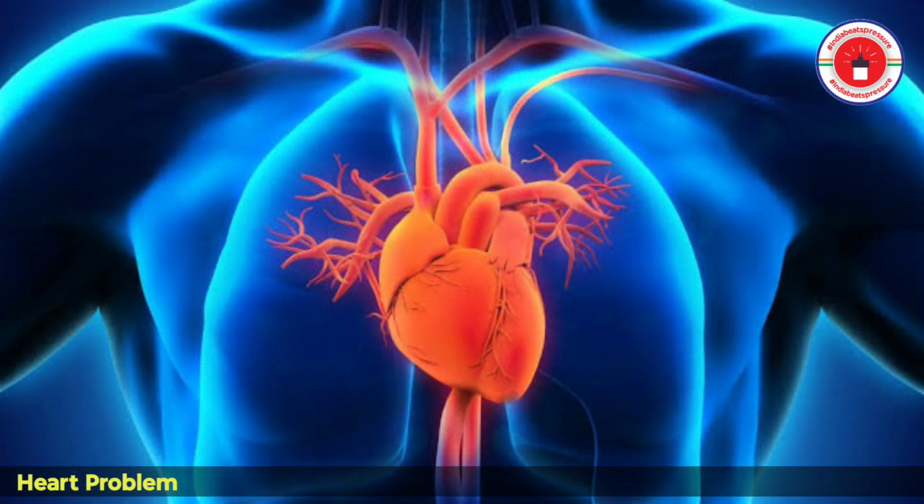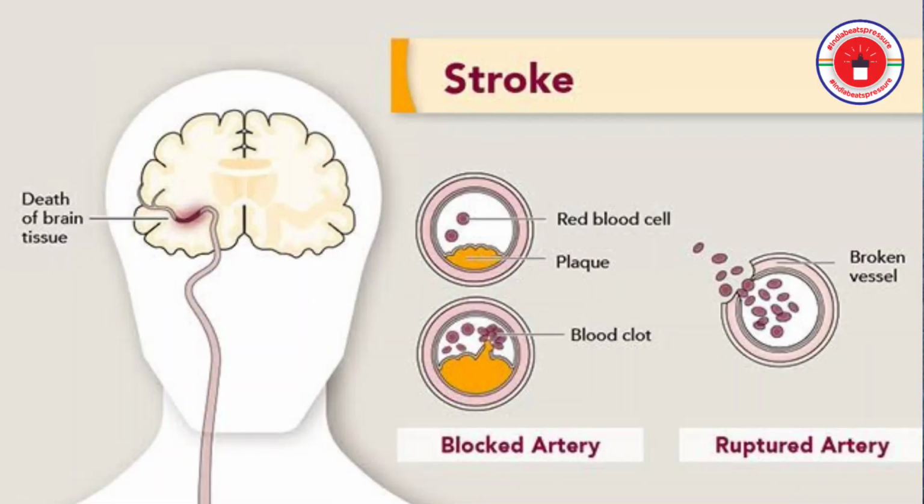Coming to the necessity of measuring blood pressure, it's a big question. We found that consistently high blood pressure can lead to many problems. It can cause heart problems. It can cause problems to the brain, which we call stroke.